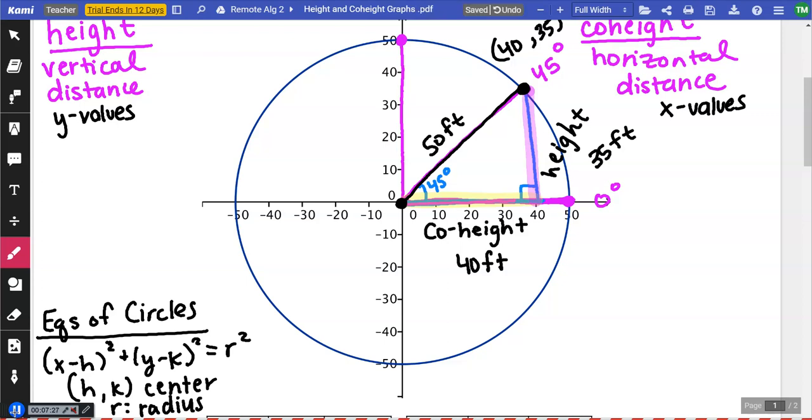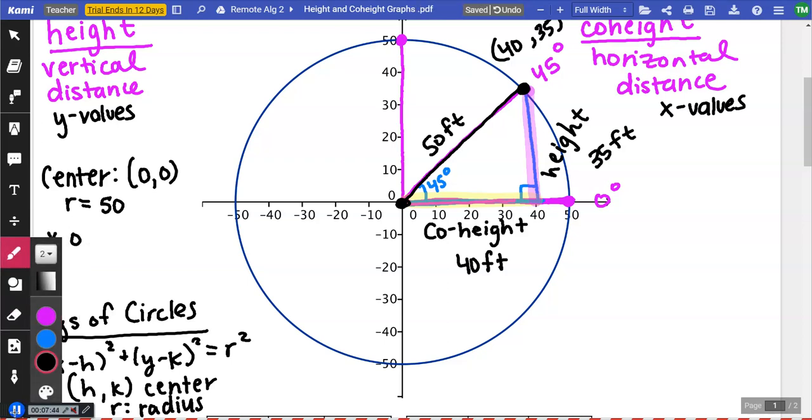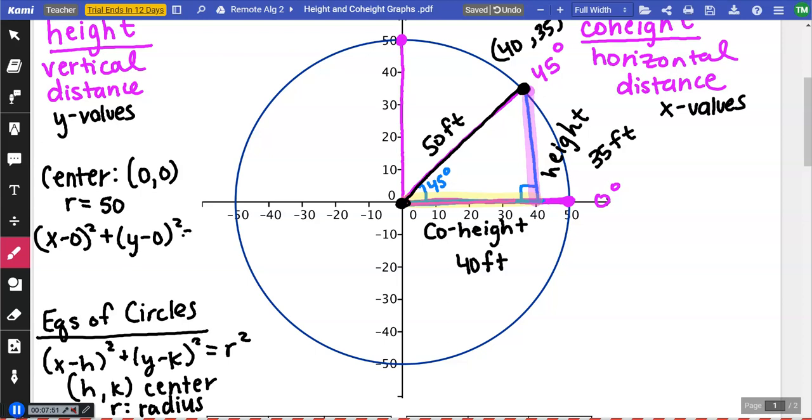So for this specific circle, our center is at (0, 0), and our radius is 50. So the equation of the circle is (x minus 0) squared plus (y minus 0) squared is equal to 50 squared.